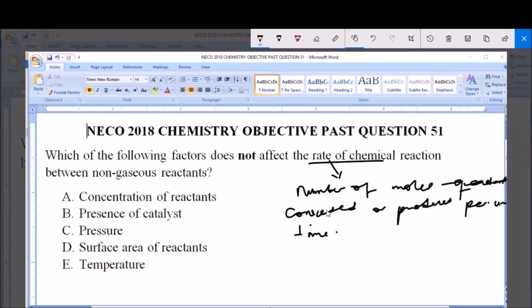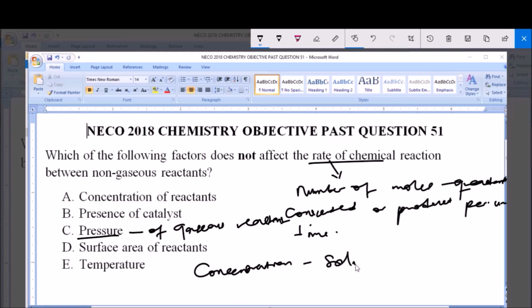Now all these factors will affect the rate of chemical reaction for a reactant which is either solid or liquid, except pressure. According to collision theory, pressure will only affect the rate of chemical reaction of gaseous reactants, whereas concentration will affect the rate of chemical reaction for a solid or liquid reactant.